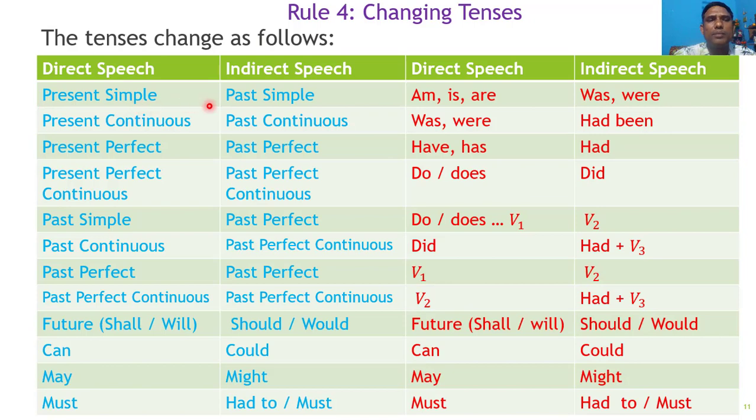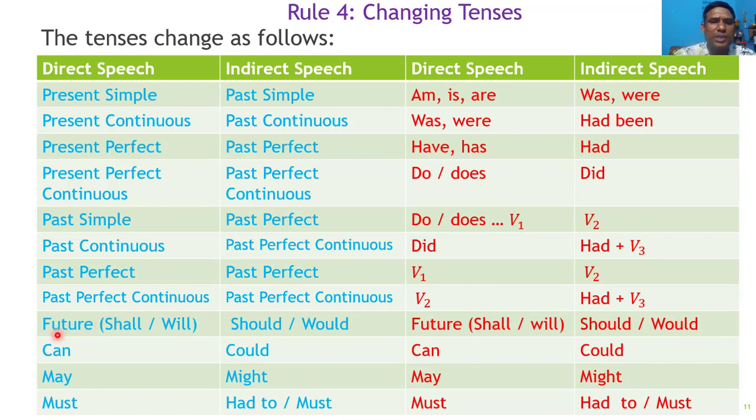Present simple becomes past simple, present continuous becomes past continuous, present perfect becomes past perfect, present perfect continuous becomes past perfect continuous, past simple becomes past perfect, past continuous becomes past perfect continuous, past perfect becomes past perfect, past perfect continuous becomes past perfect continuous.